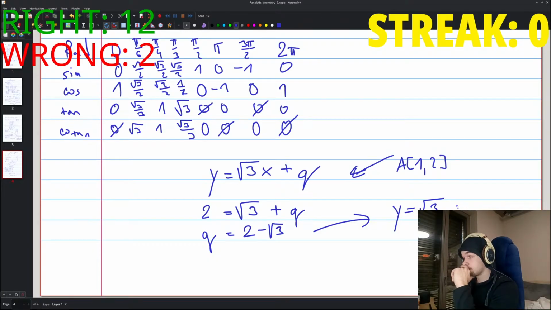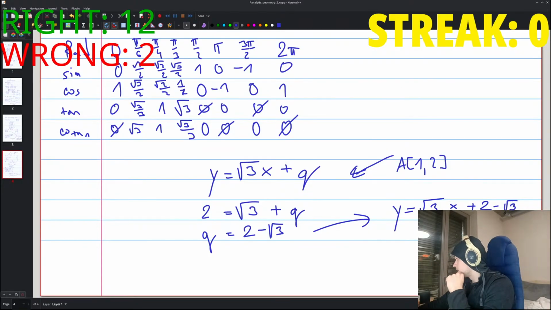times, what do you mean, x? The x is not under the square root, plus 2 minus square root of 3. So let's quickly check that.